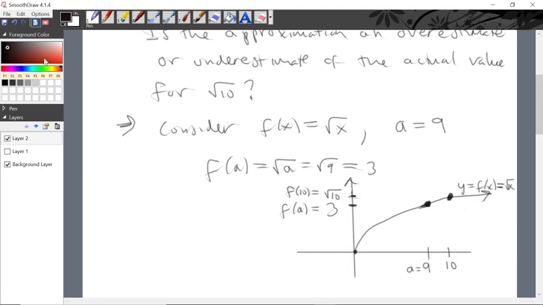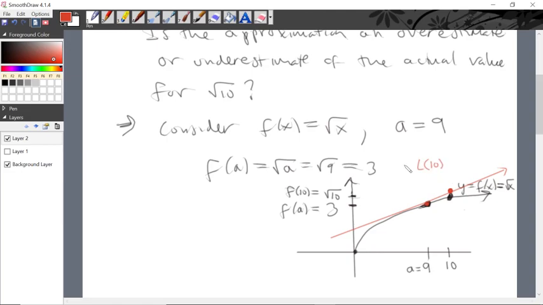Now in order to find it, we're going to use the fact that this function is differentiable at this point, so we can easily find the derivative here. And we're going to use the tangent line, and then we'll take the output on the tangent line right here, and that output would be L of 10.